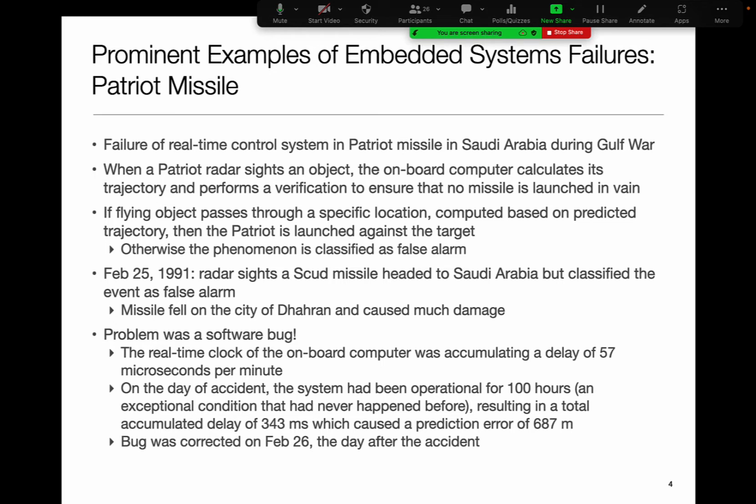In this particular case, when the accident happened, the system had been operational for quite some time, 100 hours or so, whereas usually the system was much flakier and had to be rebooted much more frequently. So in this case, that error translated into 343 milliseconds of timing error, which resulted in a prediction error of 687 meters. Long story short, even tiny errors of time accumulated can lead to lots of errors in other aspects of your system.